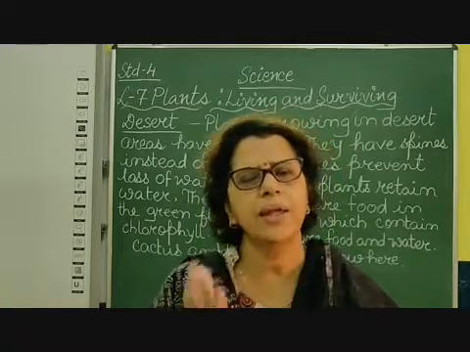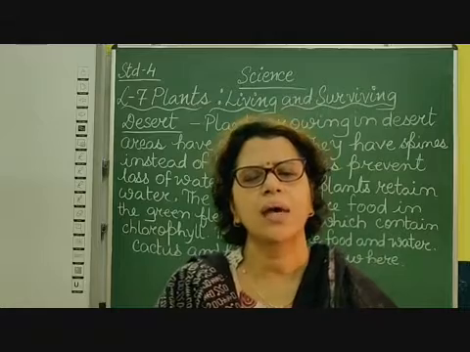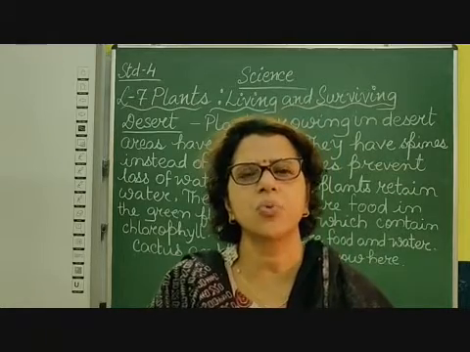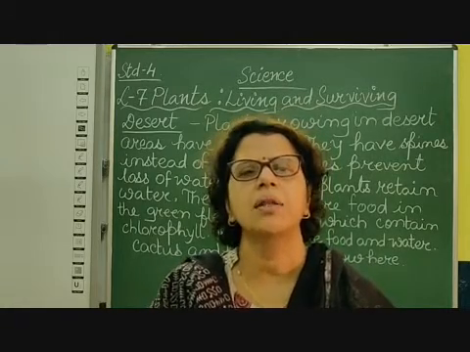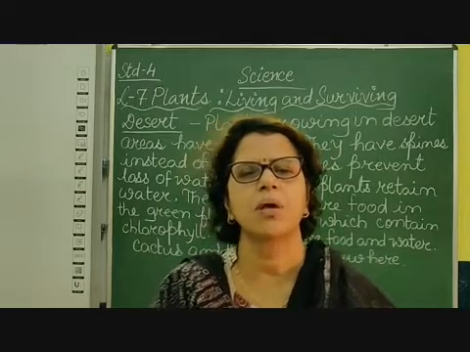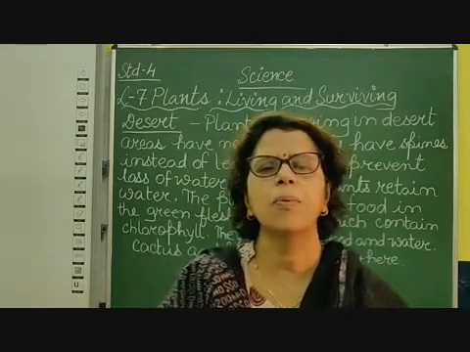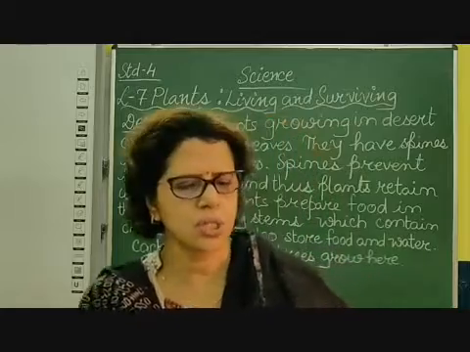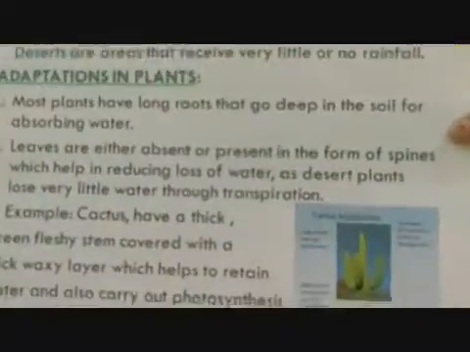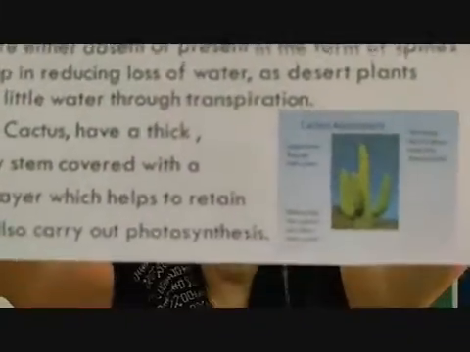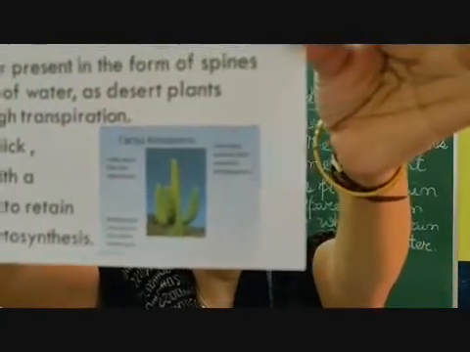There is also a wax covering so that it is protected from the heat, and the water that is stored in the stem is preserved. Okay, so just have a look at this information on plants that grow in the desert areas.